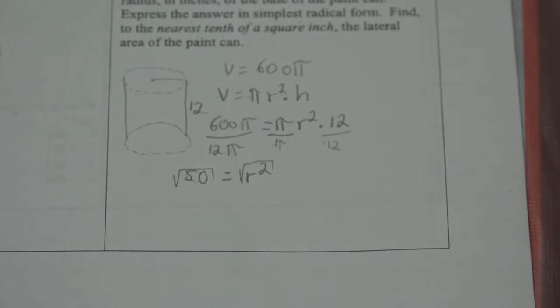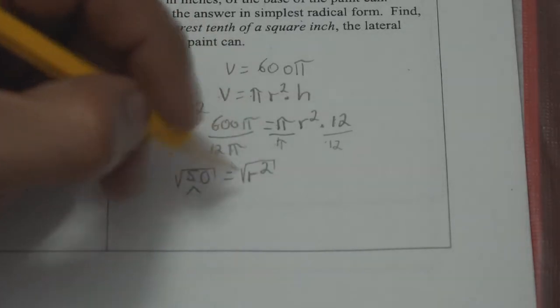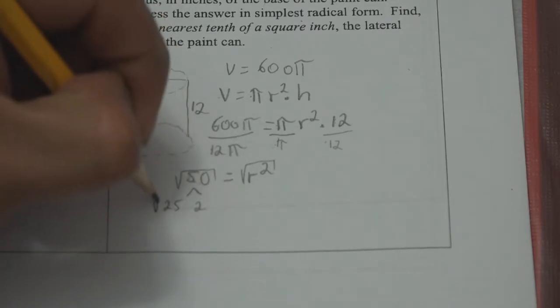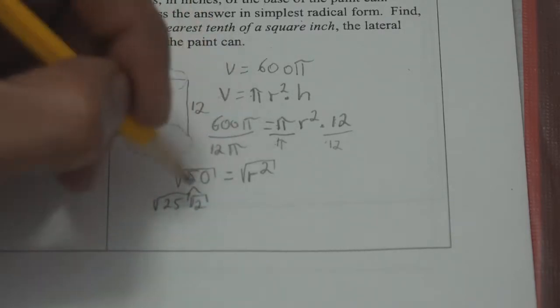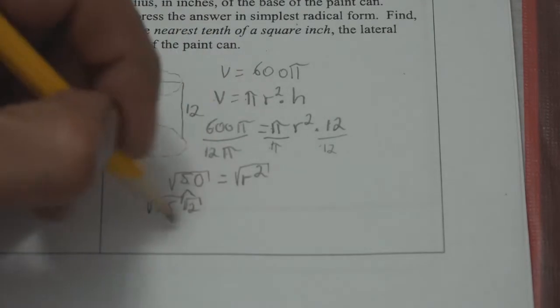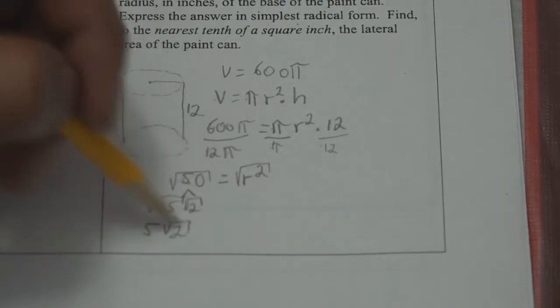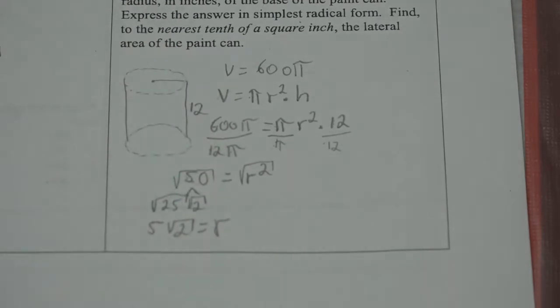So you find two factors, one having a perfect square root, the other one not. So 25 times 2 is 50. Now simplify. Square root of 25 is 5, and then this is radical 2. Perfect. So now I found r, the radius.